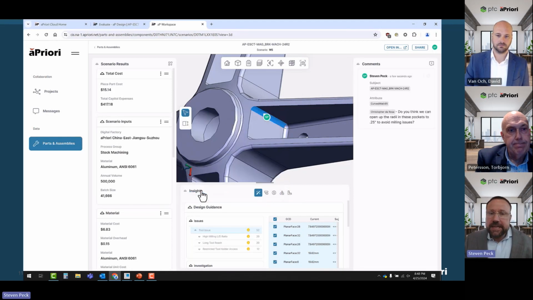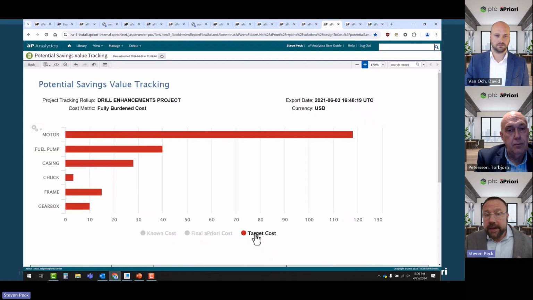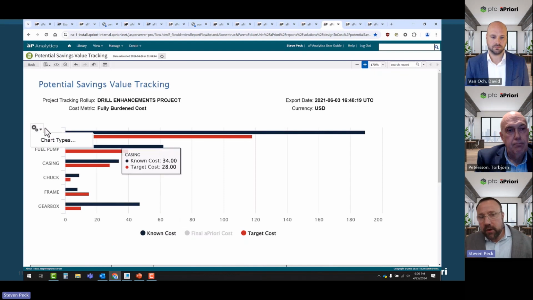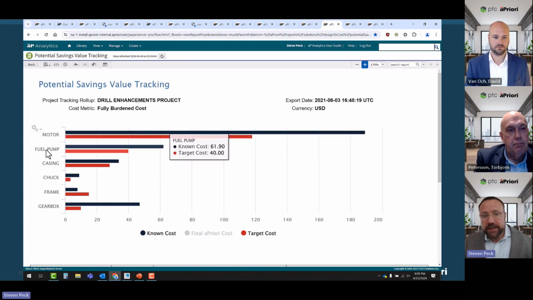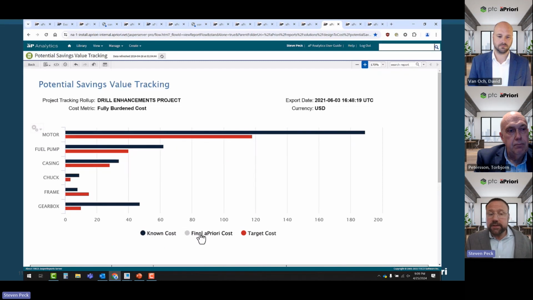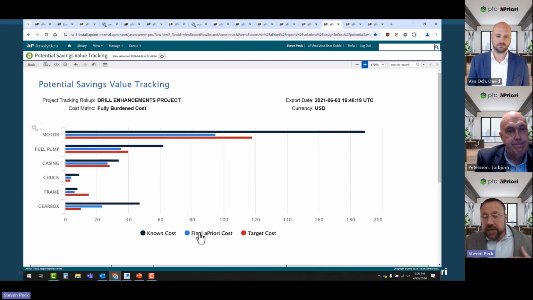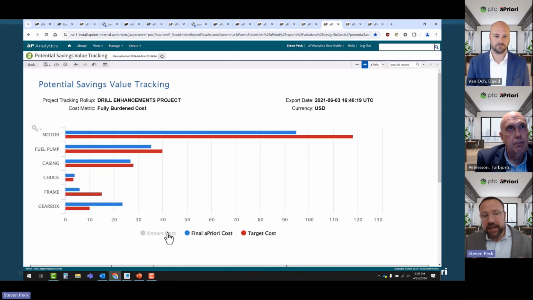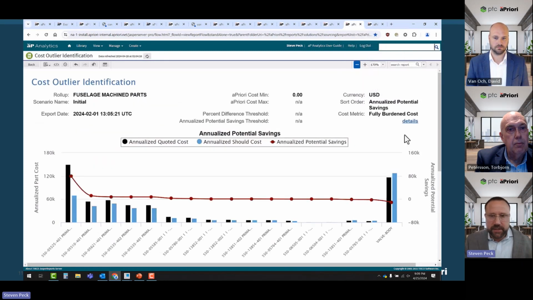With all this data that's been bubbled up, whether it's exposed through Windchill or as part of the aPriori solution, there's an analytics platform so that I can look at, for example, a given program, what my targets were from a cost perspective, where I currently fall relative to those targets, and ultimately use the insights from aPriori to optimize the design throughout the process to get to the point where I'm achieving my targets, whether that's for cost or CO2.